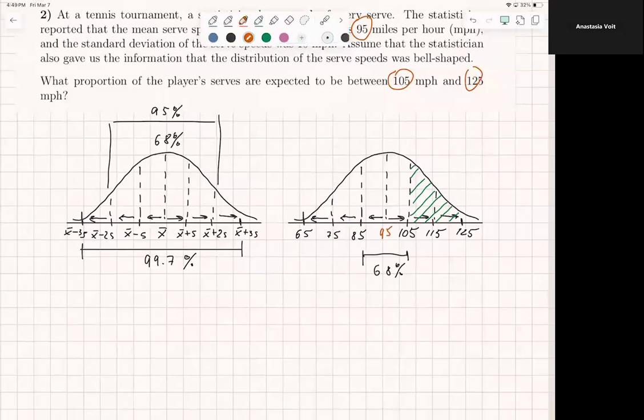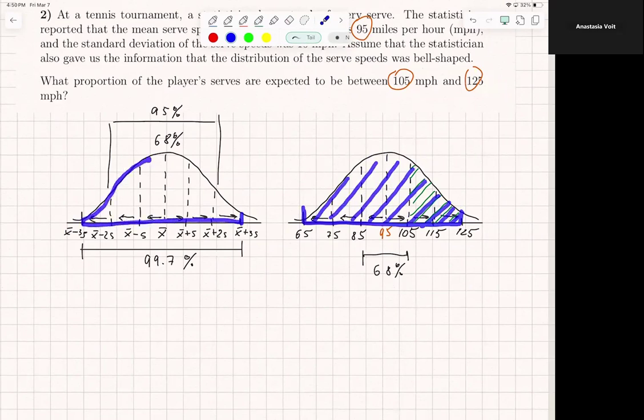Now, again, we know that this portion is 68%. Now for this, 3 standard deviations away, right? Not 2 standard deviations away. This is gonna be what? By the empirical rule, the whole thing. So that's the same thing as that one, right? All of that. And that corresponds to the 99.7%, right?